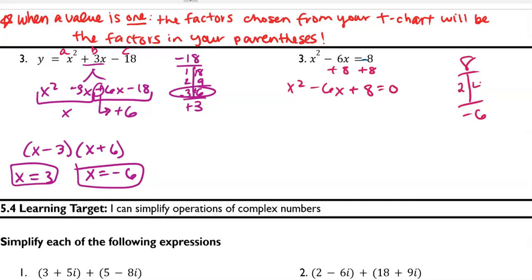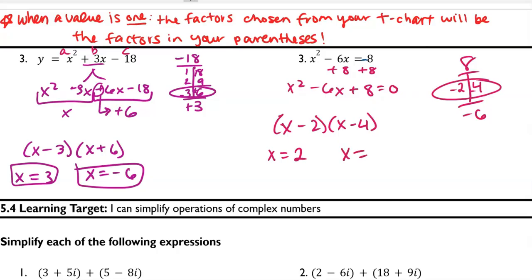So our two factors of 2 and 4, they can both be negative, because a negative times a negative is a positive, but a negative plus a negative is a negative in this case. So that's good. So we can choose negative 2 and negative 4. So our two factors will be x minus 2, x minus 4, meaning our x-intercepts are 2 and 4.